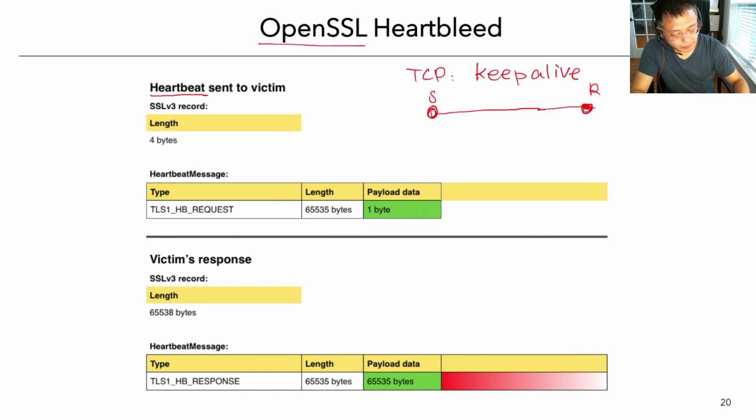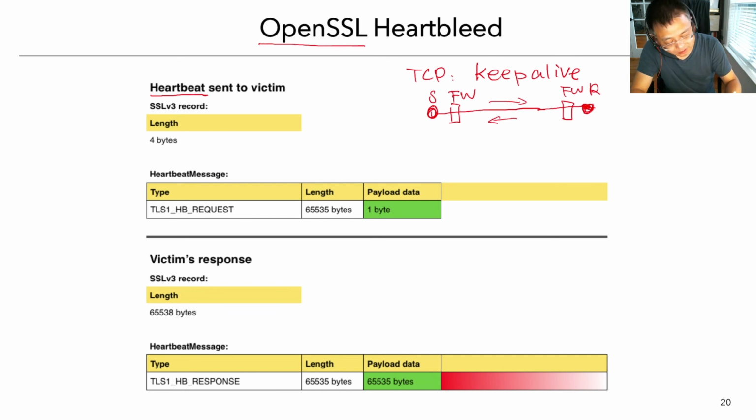But if you have a firewall in between, the firewall can drop the state and drop the connection if there is no data flow on the connection for a long time.